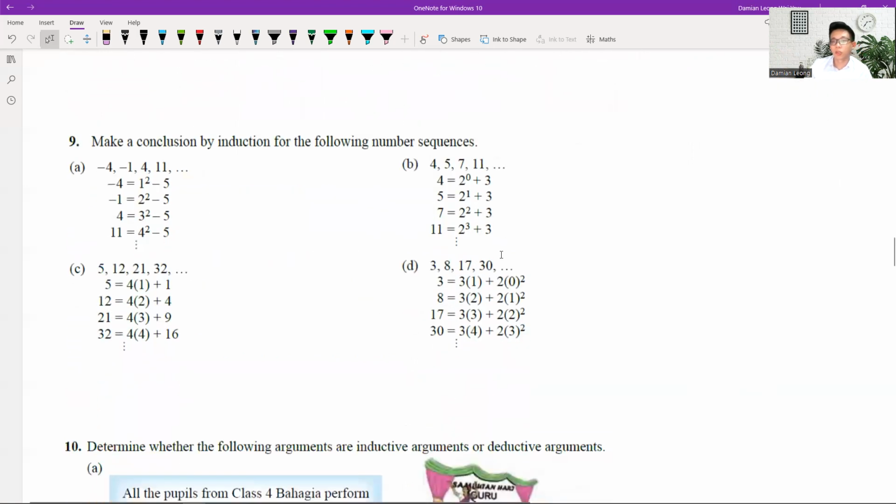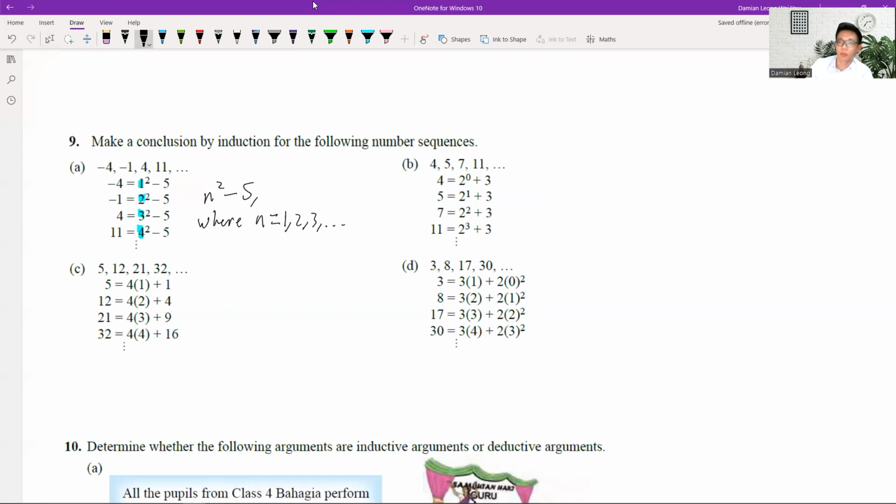Okay, so here basically what we want to do is determine the pattern, the expression that forms a sequence. So the conclusion here is, look at the number that changes. That we put as n. So it's n squared minus 5, where n equals 1, 2, 3, and so on.